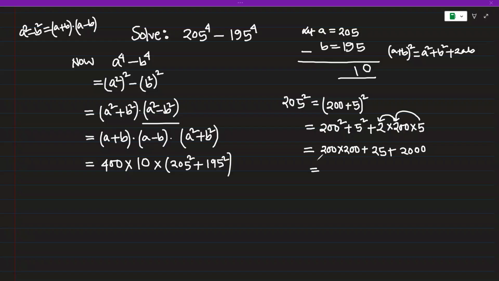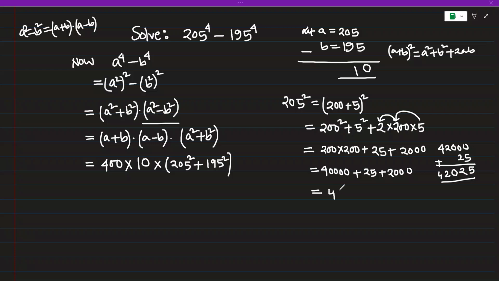Now 200 and 200, if you multiply, 2 times 2 4, and then we put 4 0 plus 25 plus 2000. If you're adding all of them, so 40,000 plus 2000 means 42,000, and 42,000 if you add 25, so we got 5 plus 0 5, 2 plus 0 2, 0 2 4.